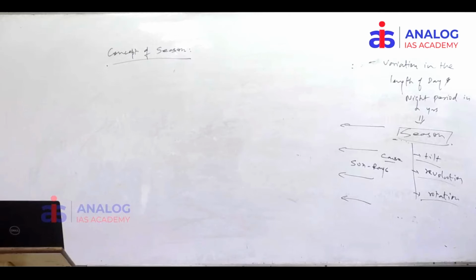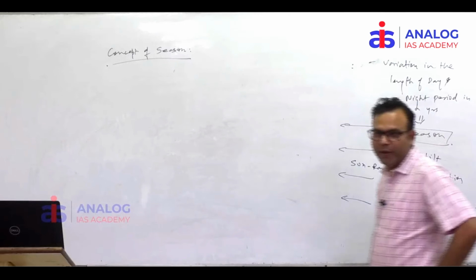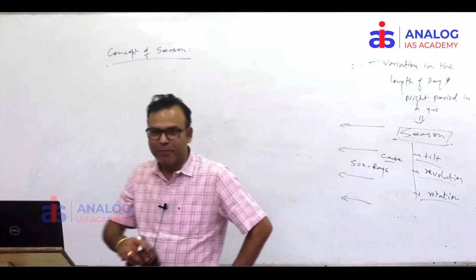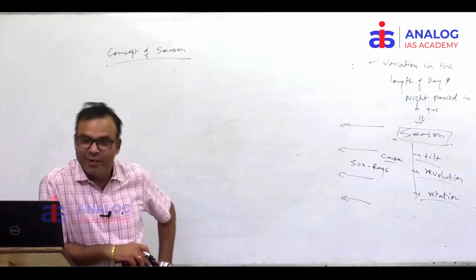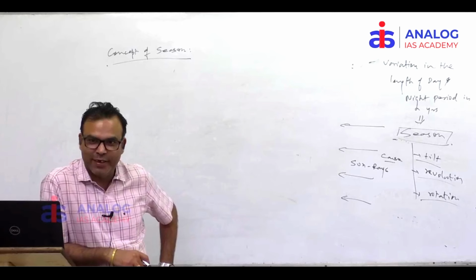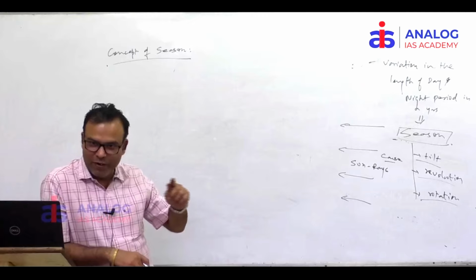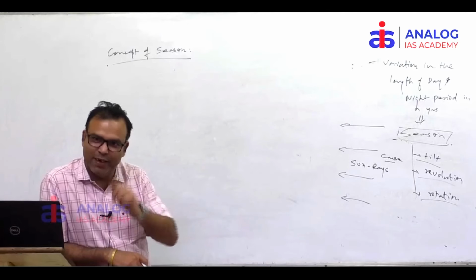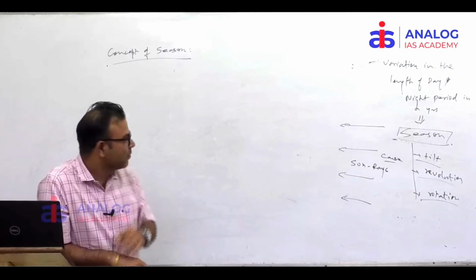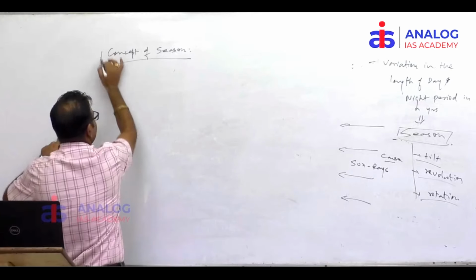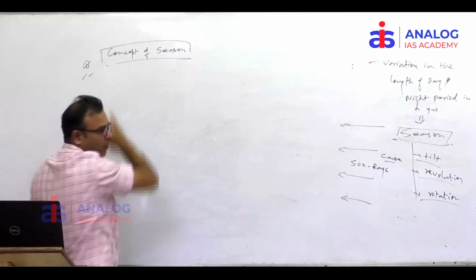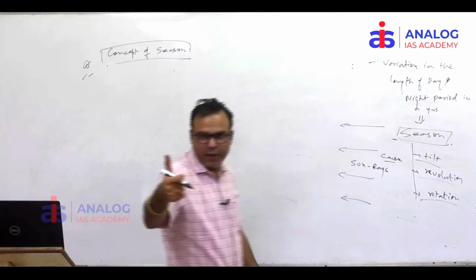Yeah, but night will be of 6 months. It is coming up here. Days of what? 6 months. That is 1 day equal to 6 months, and 1 night is equal to what? 6 months. Exactly at the poles. For that you can understand here for the concept of season. Concept of day and night is cleared.